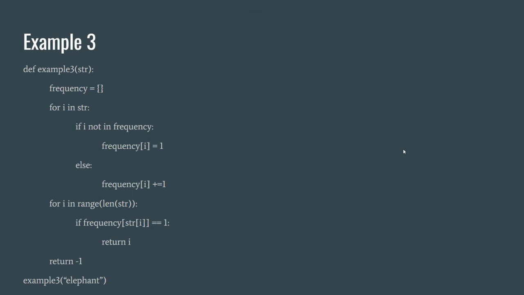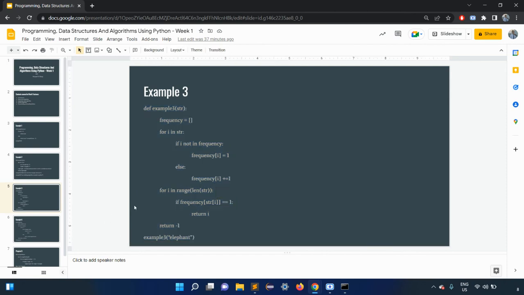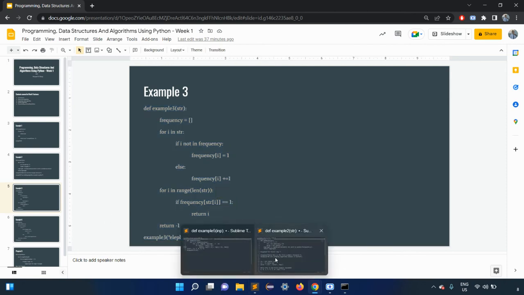So this is the example 3, a big function definition, but no need to worry. We can go step by step into the solution. So what we want to find is the output for example 3 of elephant, for example. So example 3 of elephant will call line number 1 where str will be equal to elephant. So again, I'll copy this code, and we'll go step by step into the solution.